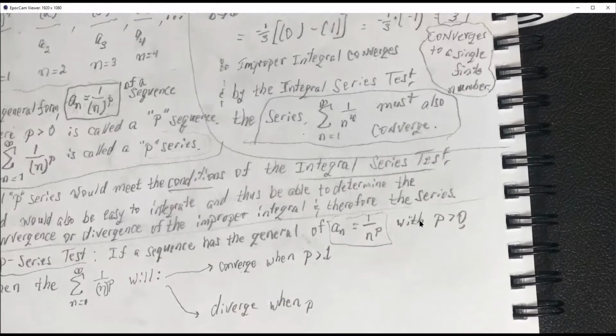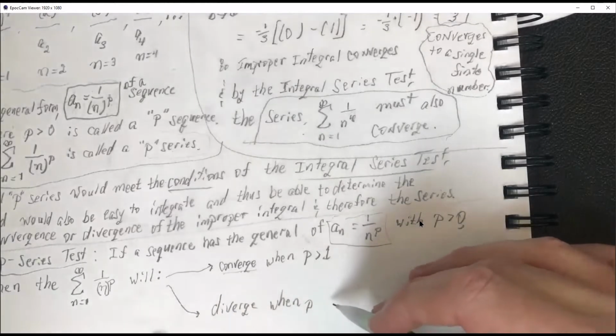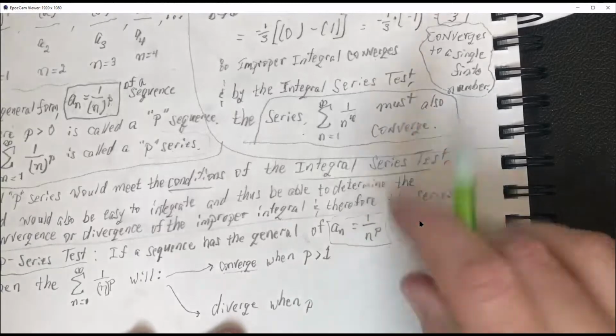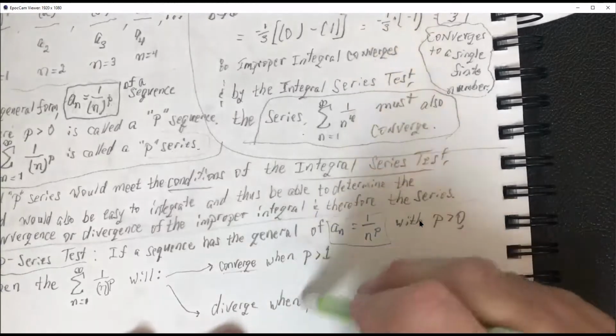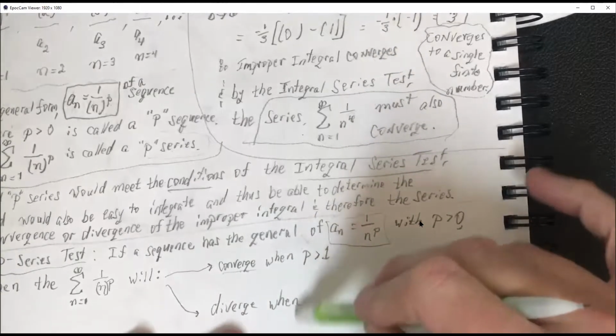Well, what's the only other possibility then? If P has to be a positive number and P greater than 1 is already used up for the converging part, then what's left over for when it's going to diverge? So what else is possible?